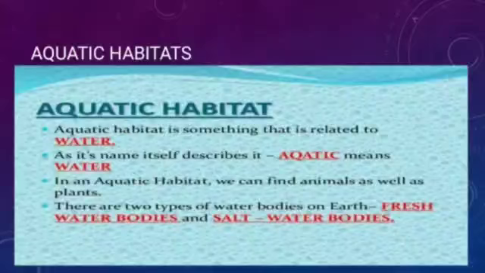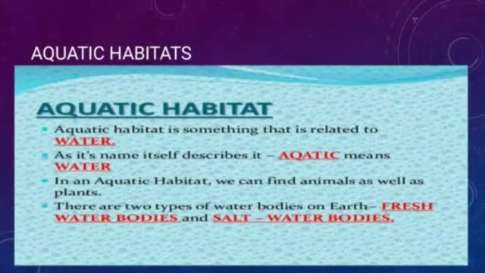Frogs can breathe on the land with their lungs, and they can breathe with gills in the water. They have webbed feet also, which help them swim in water. So these are the common animals and plants in aquatic habitat.